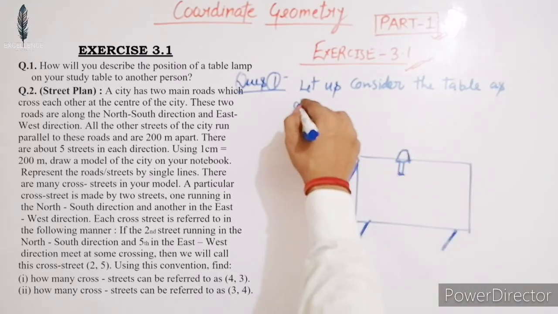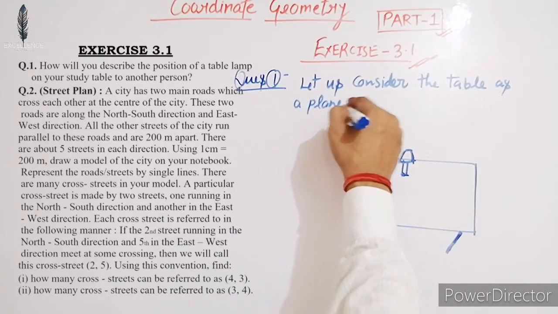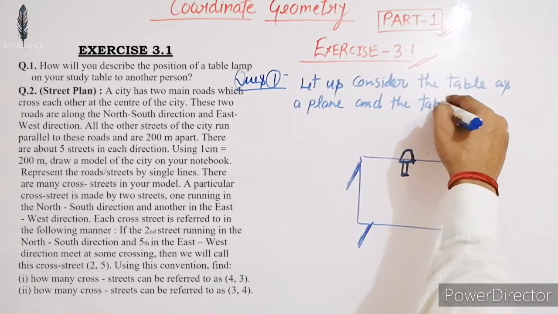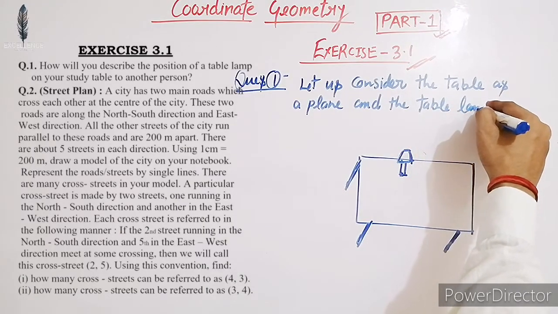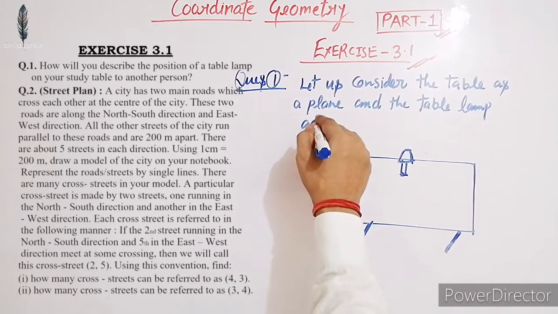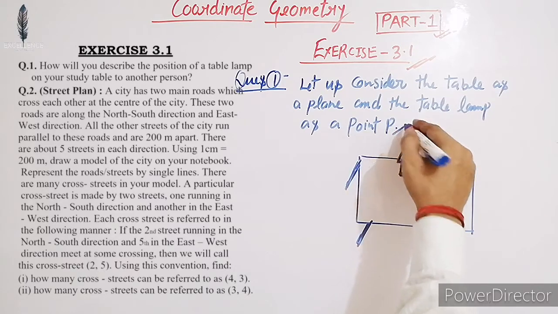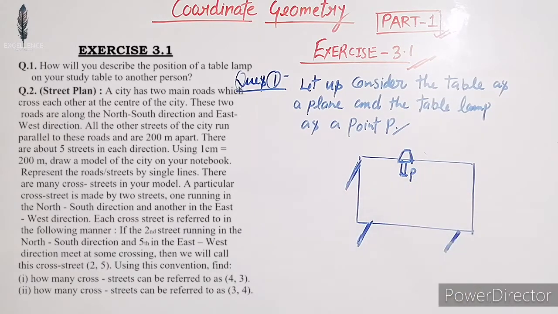Students, study table को हम as a plane consider कर लेंगे and the table lamp as a point P. Students, यहाँ हमने table lamp को as a point P consider कर लिया है.